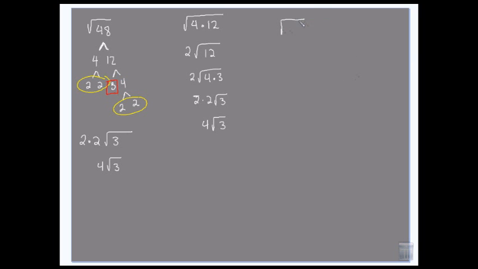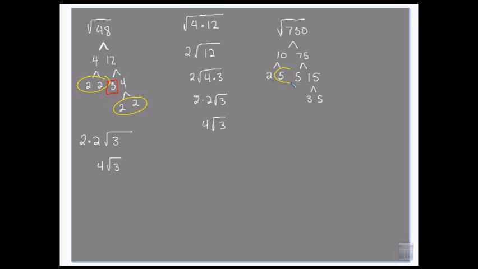Okay, the next one we had was 750. How many times are you doing? 10 times 75. 10. 75 is 5 and 15. And 15 is 3 times 5. And 10 is 2 times 5.